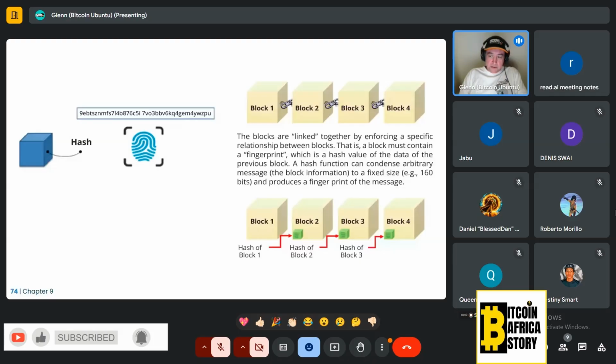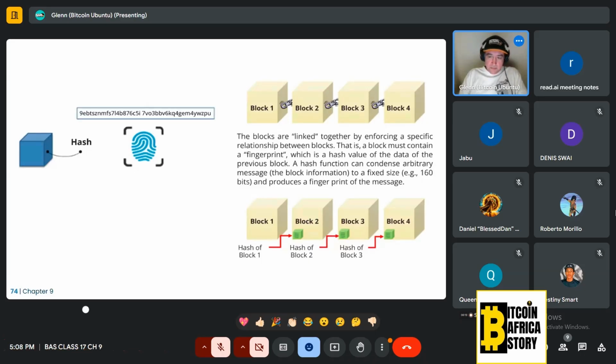A hash function can condense arbitrary messages, the block information, to a fixed size, example 160 bits, and produces a fingerprint of the message. So here you can see block 2 has a hash of block 1 in its header, and block 3 has a hash of block 2 and all the way through.